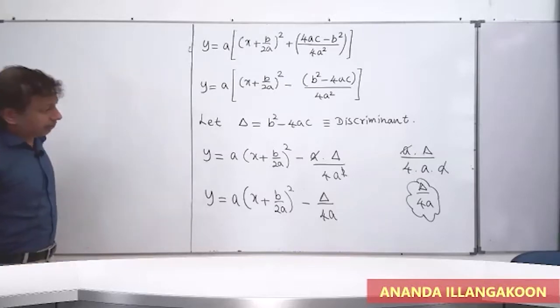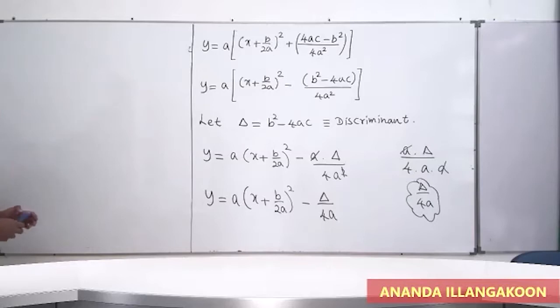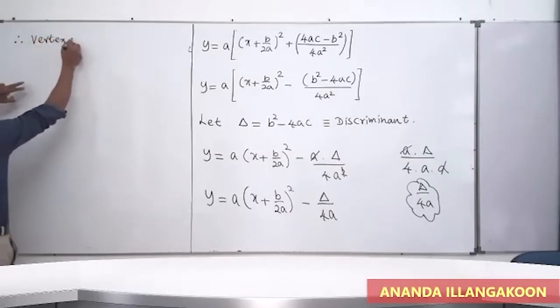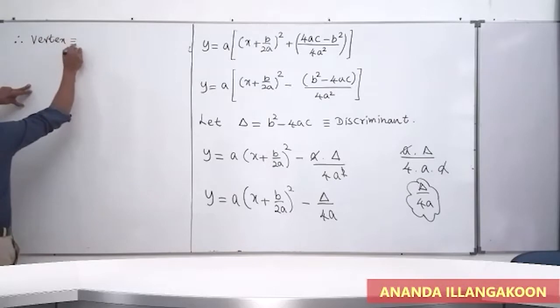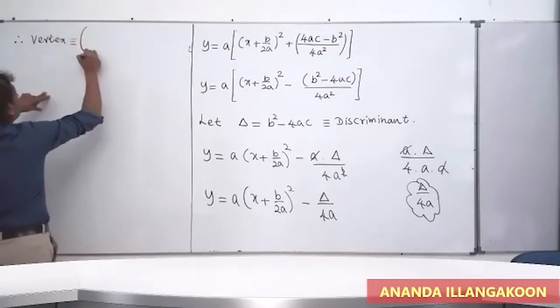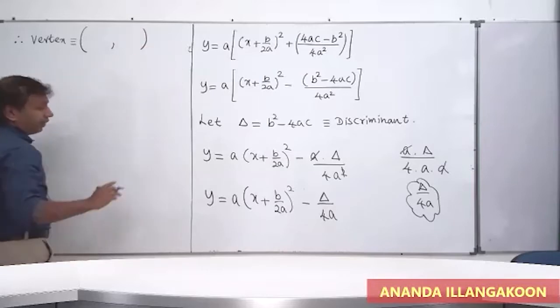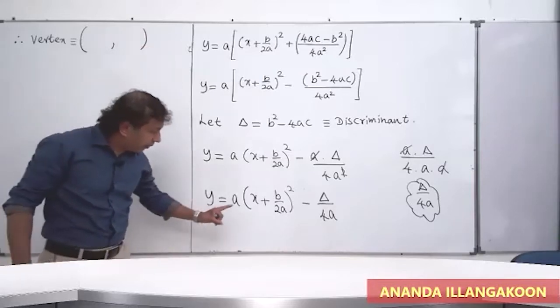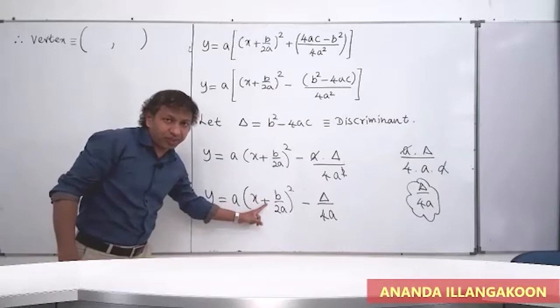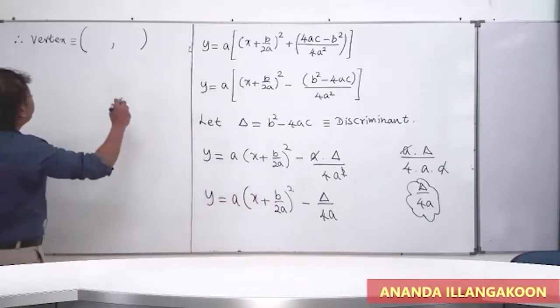Right now, people, right? Okay. Now you can very easily determine the vertex. There are 4 vertices. Vertex is a point now. It has x coordinate as well as y coordinate. X coordinate is obtained how, people? Change the sign of this to the opposite. Then we get minus b upon 2a, right?